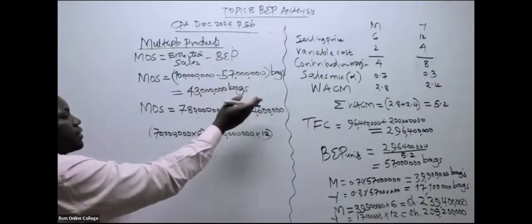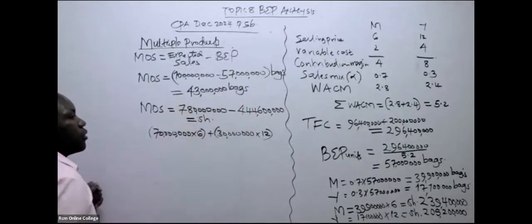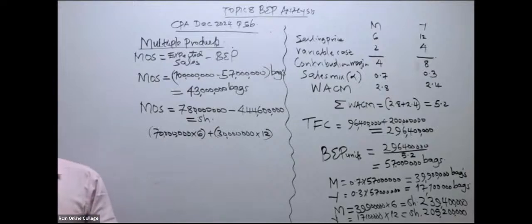So this one is in bags, and this one will be in shillings. So what is our margin of safety in shillings?